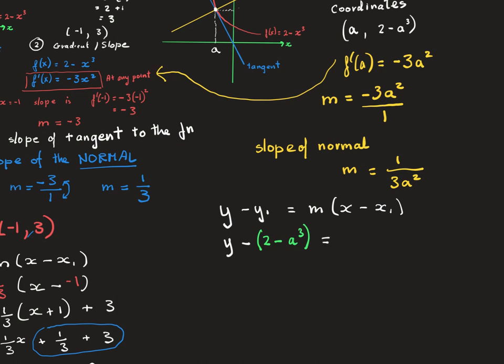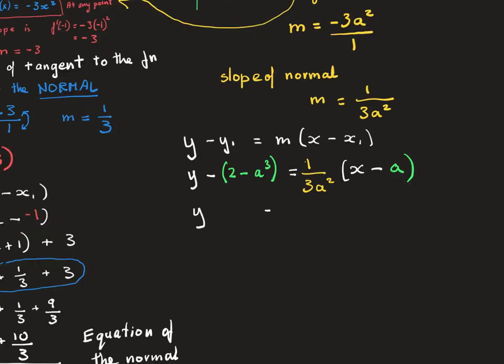So then we've got the slope of the normal, which is 1 over 3a squared, and x minus a. That's the value. Now we need to simplify it.